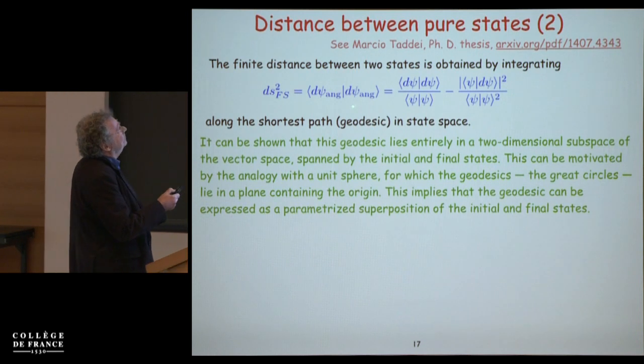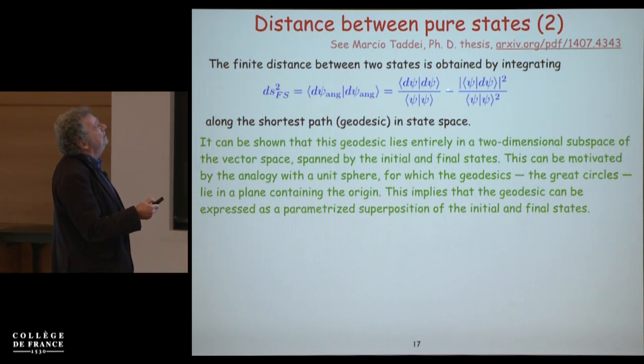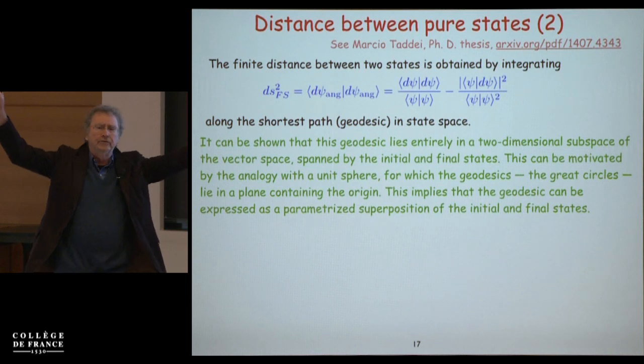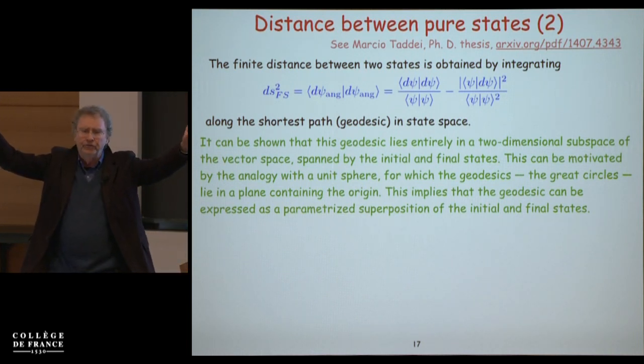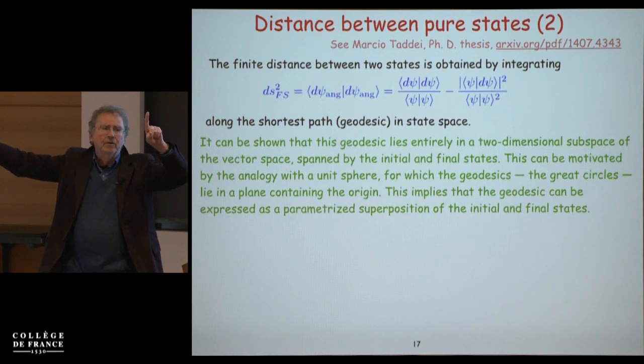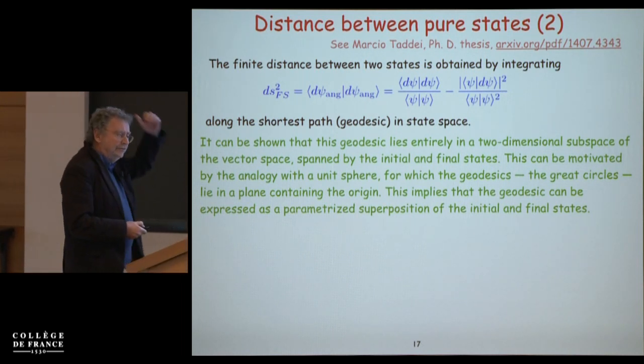So we are now going to integrate this, and the idea is to integrate this along the shortest path, which is the geodesic in state space. Two vectors, and the distance you obtain by integrating this element of distance along the shortest path between these two vectors. Now, I'm not going to derive this for you.